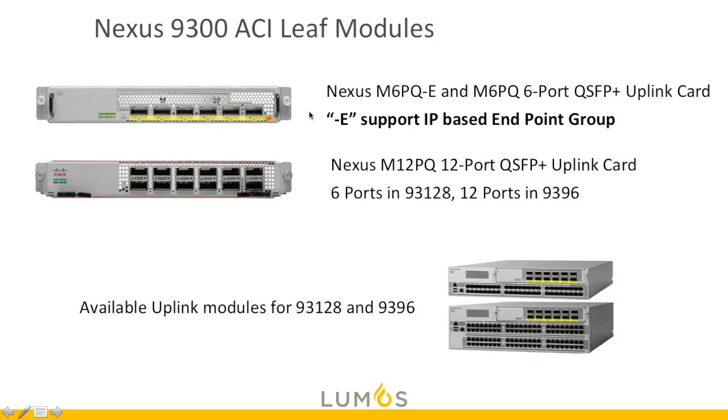The leaf modules themselves, there's a 6-port and a 12-port model. The 6-port is the newer one, and there's 2 versions of the 6-port. There's the M6PQ and the M6PQ-E. The difference, the E means that we can support IP-based endpoint groups.